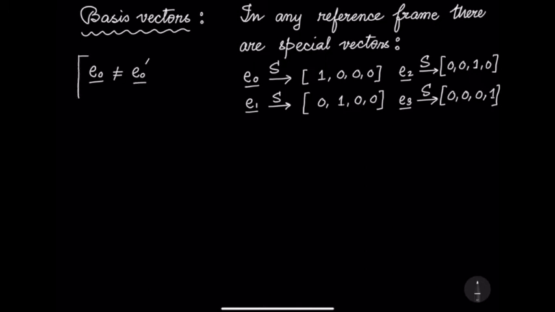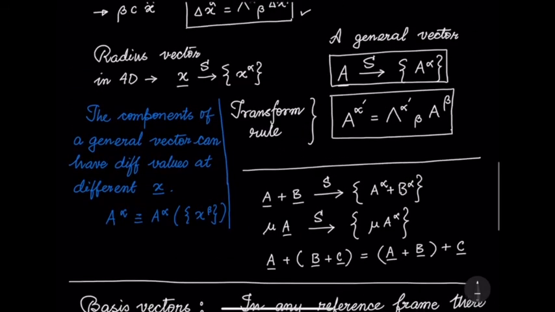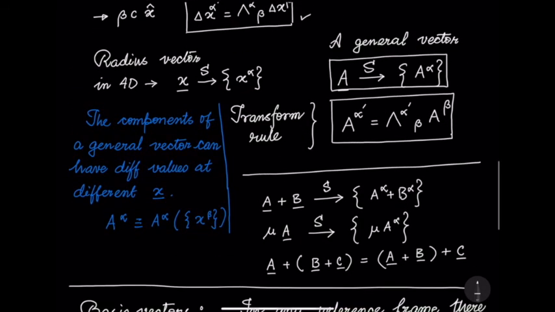This is important. It may look like they are the same because the components are the same, but remember that vectors are not just their components. Even in the previous case, when we talked about this type of transformation, if the components on either side are the same, it doesn't mean that the vector is the same.